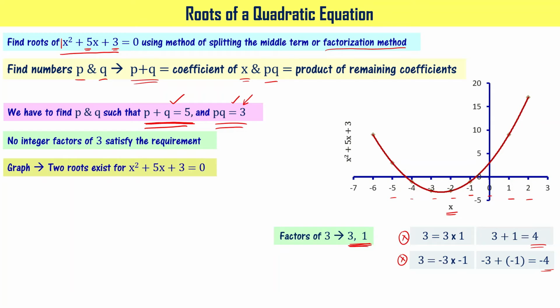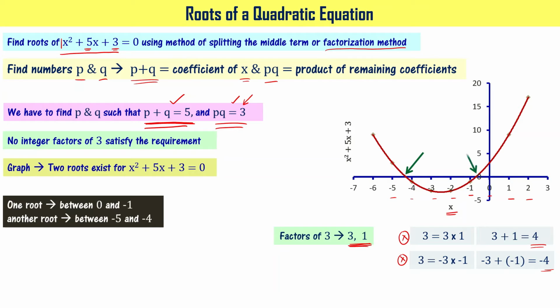This graph says that there exist two roots for this equation. How do you say that? Because this particular curve is cutting through the x-axis at 2 points. These are the 2 points. It means there will be two roots for this particular equation.